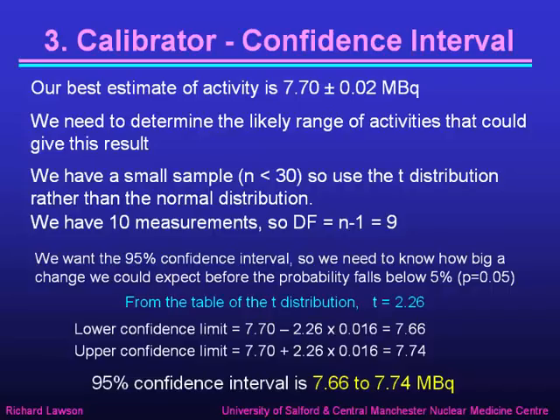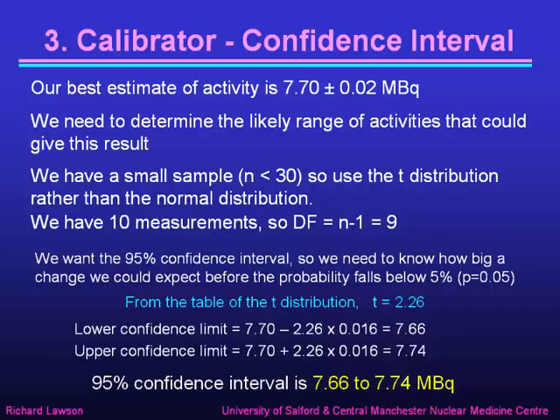If we're having to place bets, we could be 95% certain that the true answer is somewhere in that range between 7.66 and 7.74. There's only a 5% chance that it's less than 7.66 or more than 7.74.